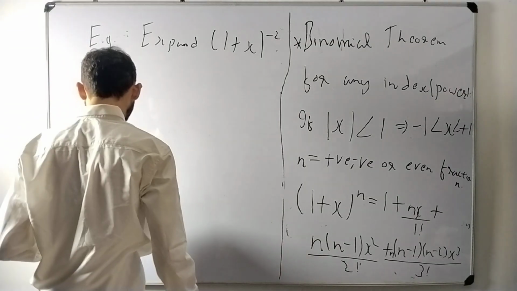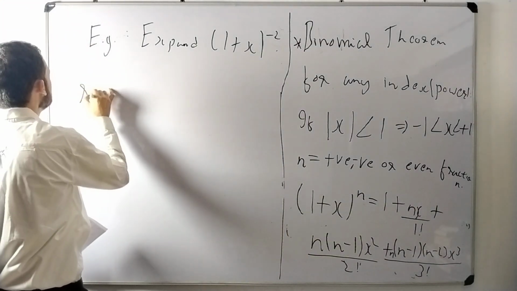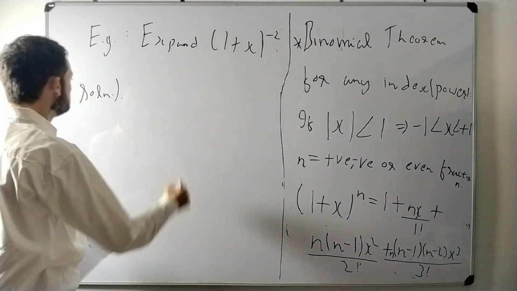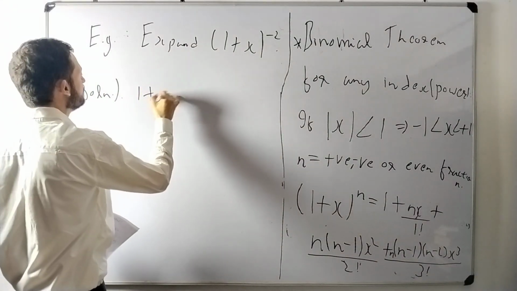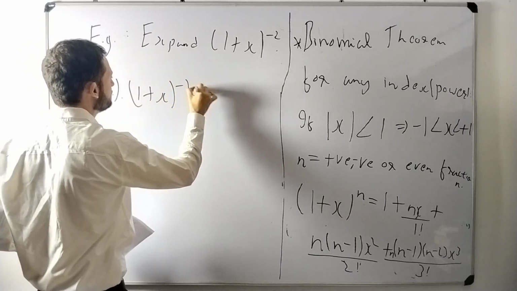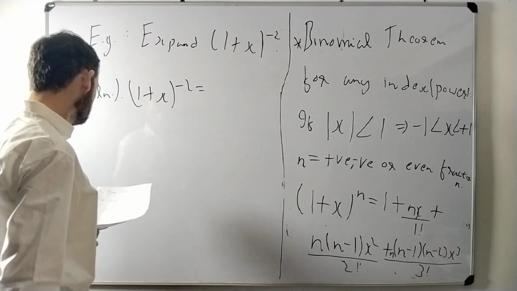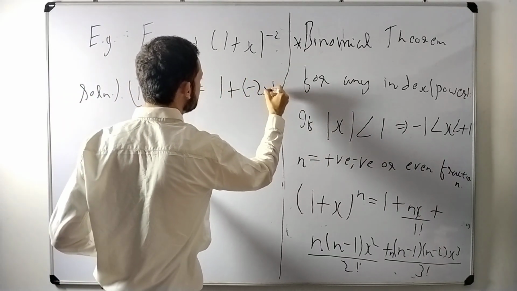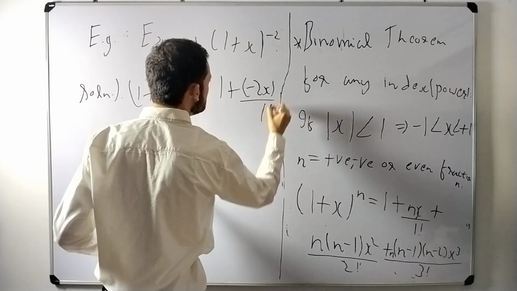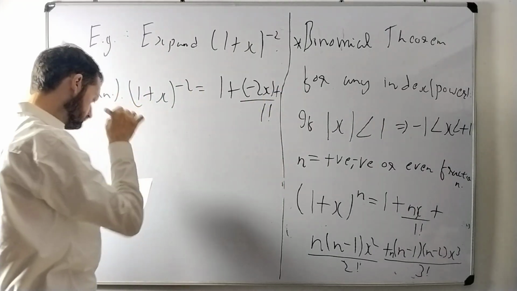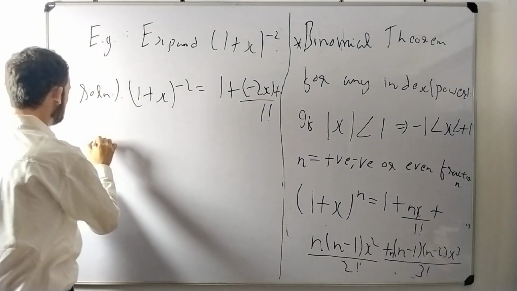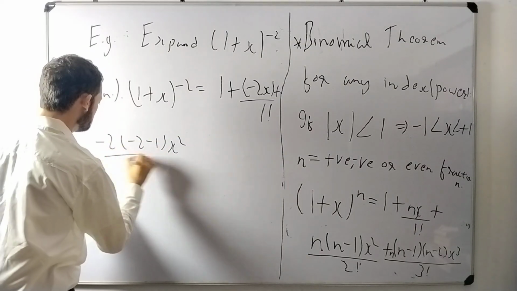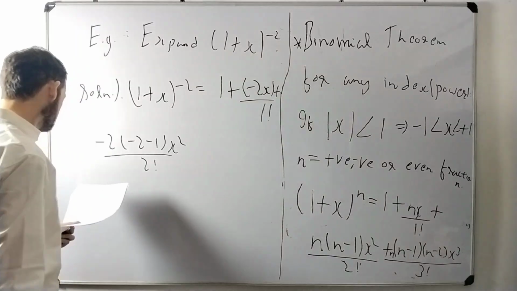In the solution part, you put into the formula and it becomes 1 plus x minus 2, and be very careful with the numbers, plus minus 2 times minus 2 minus 1 times x square upon 2 factorial.